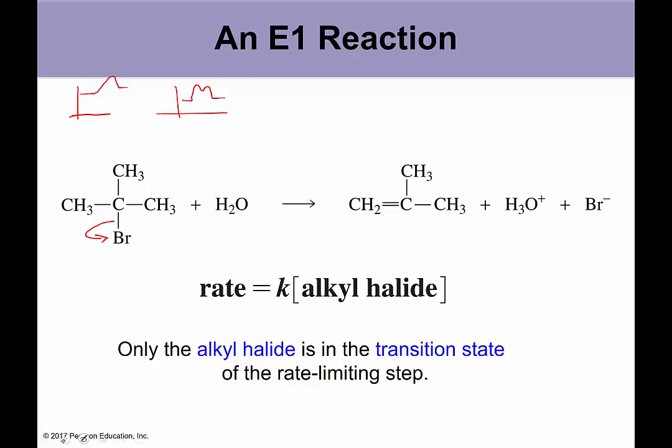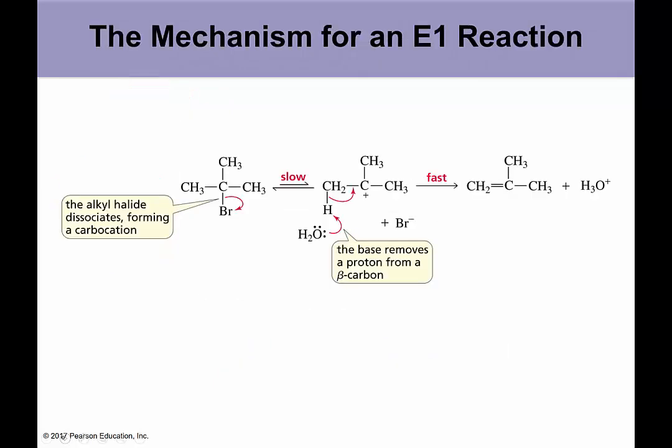But because it's a two-step mechanism, this first step requires only the substrate, my alkyl halide. It's not dependent on the quality of the base as much. So, slow step, formation of carbocation.